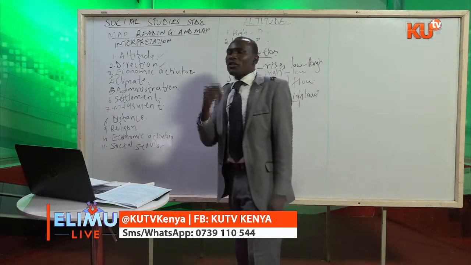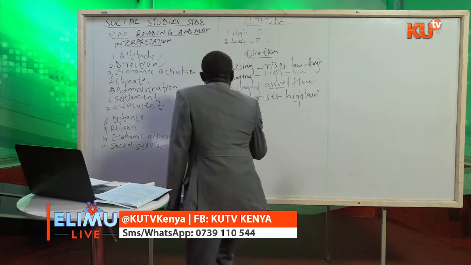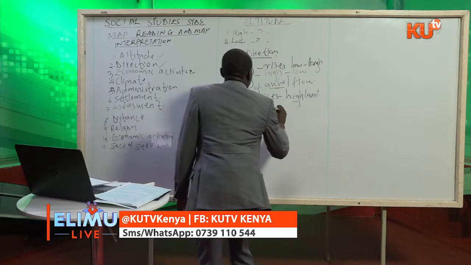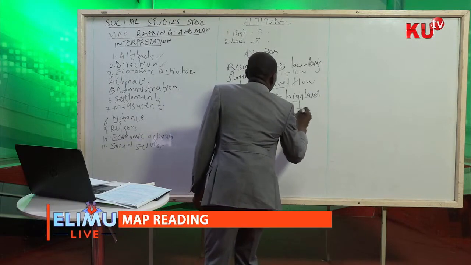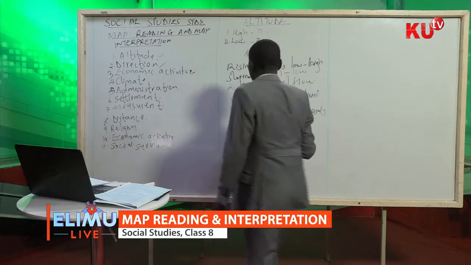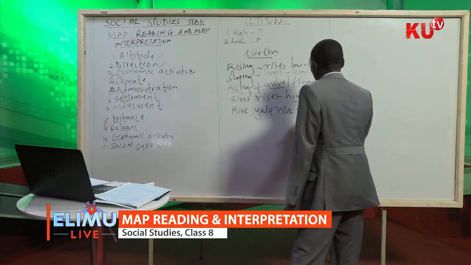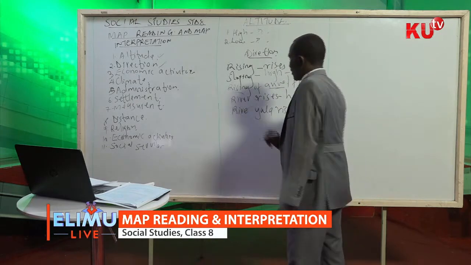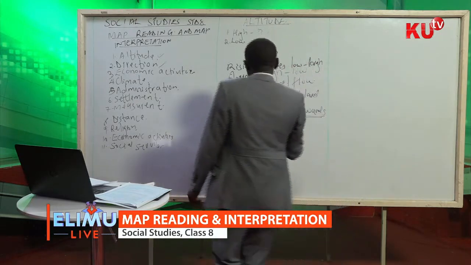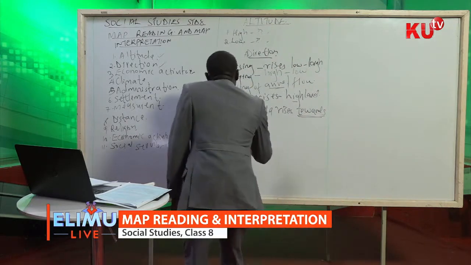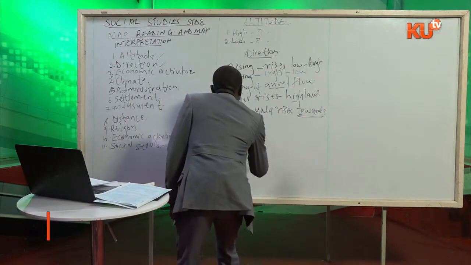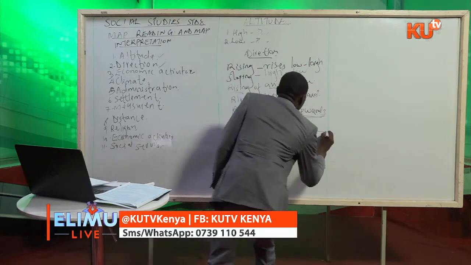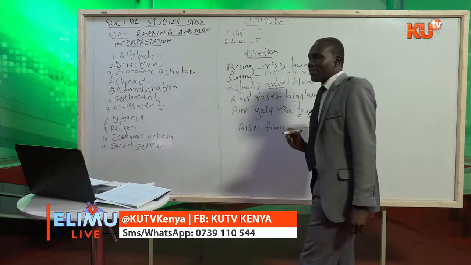Then there's this confusion that normally confuses candidates, where they ask you, River Yala rises towards. This word "towards" is here to confuse candidates. So if you get a question like this, where they ask you a river rises towards, make your own question: rises from dash to dash, for you to capture two words.